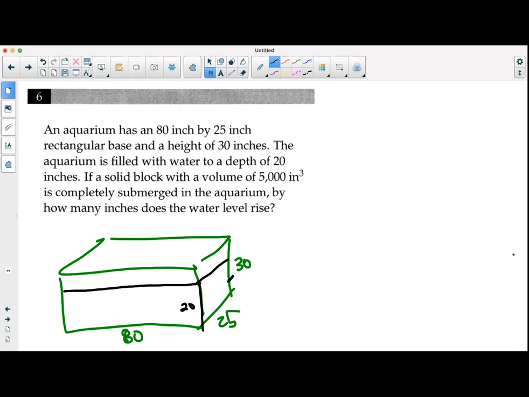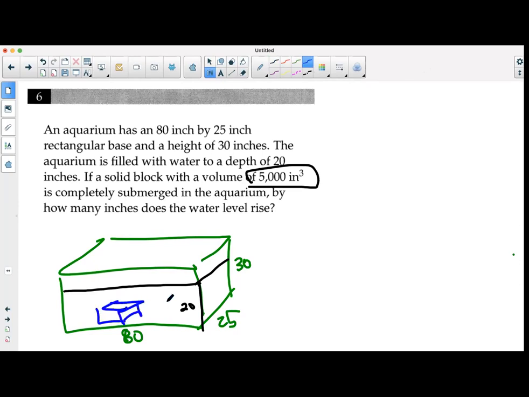If a solid block with a volume of 5,000 cubic inches is completely submerged into the aquarium, by how many inches will the water rise? Okay, so that means something went in, 5,000 cubic inches, so the water will rise by a certain amount.